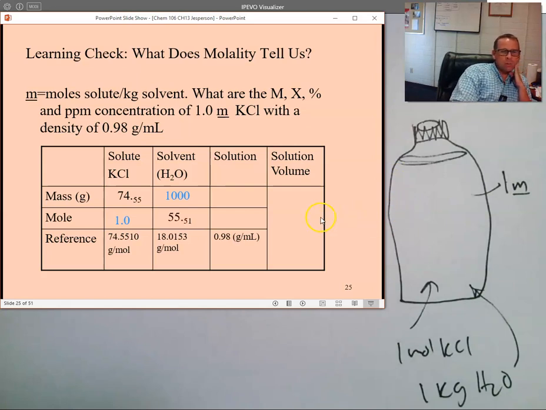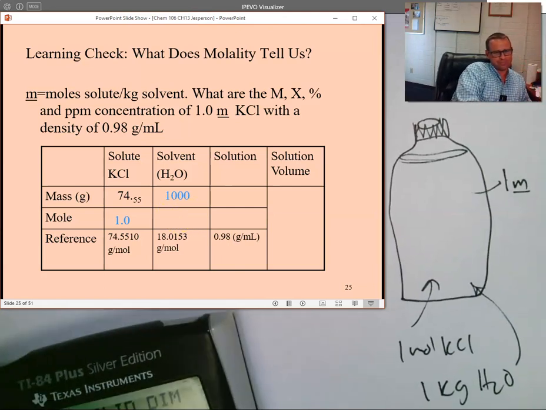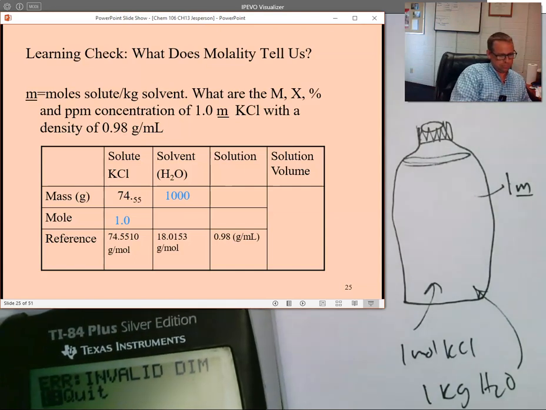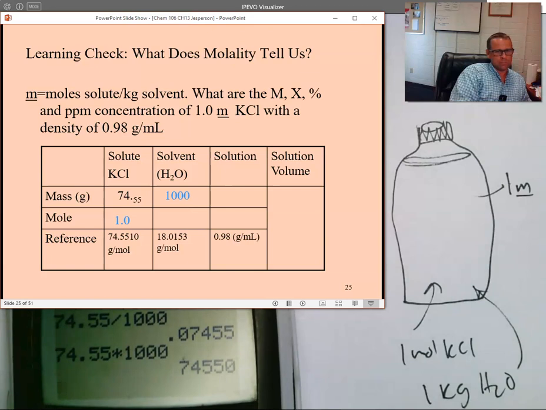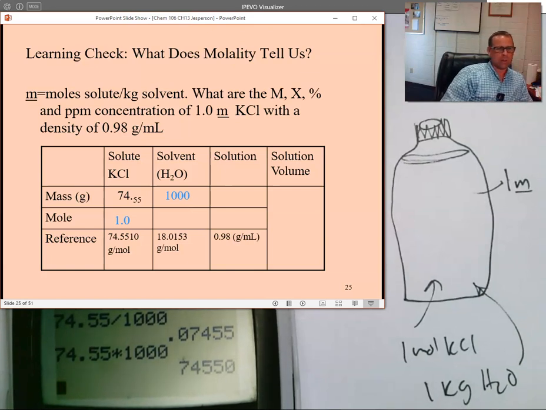So can we identify the moles of solvent here? Aisha, how would we determine how many moles of solvent we have? Use the molar mass and the grams of solvent.